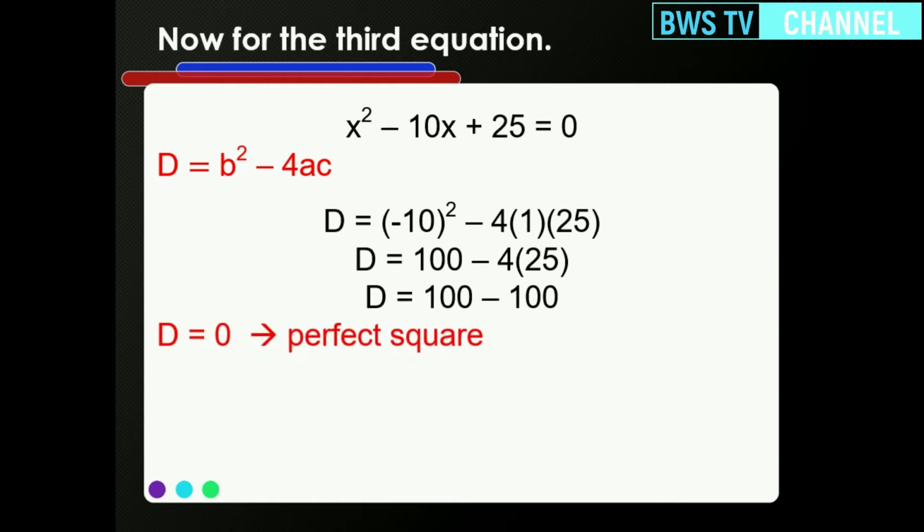And then what will be the answer? D is equal to 0. Perfect square, but the number is equal to 0. The discriminant is equal to 0. So what will be our description based on the table? So you have two real rational roots and equal because it's equal to 0.